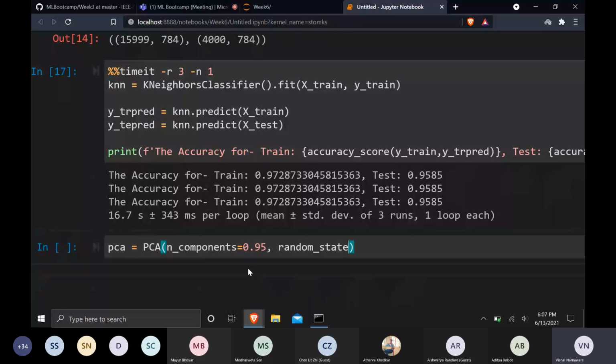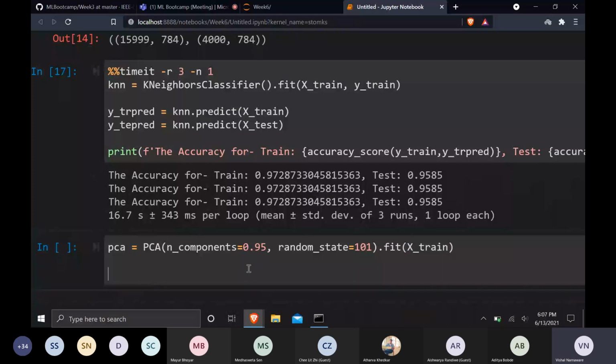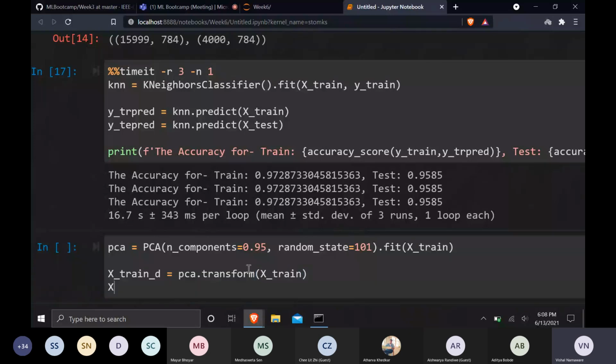And you fit this with the training dataset. You never fit this with the testing dataset or the whole dataset. You want your model to see only the training part. After that, you are decomposing the training data with PCA.transform. You are giving this X_train, and you are also giving this for X_test, PCA.transform X_test.